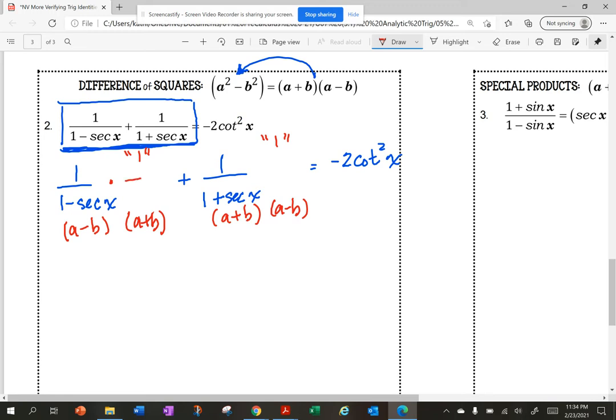So I'm going to multiply this by 1 plus secant of x over 1 plus secant of x, and 1 over 1 plus secant of x by, oops, this is going to be 1 minus secant of x. Okay, so I'm multiplying times 1 so I don't change my equation.